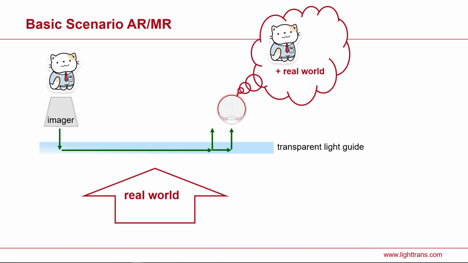An added layer of difficulty is the fact that the detector is not static. We're talking about a human eye in its socket, which means it can move across a range of positions, and we need to ensure that wherever the pupil is in that range of allowed positions, the user of the device is going to have a seamless experience with the augmented and mixed reality glasses or device.